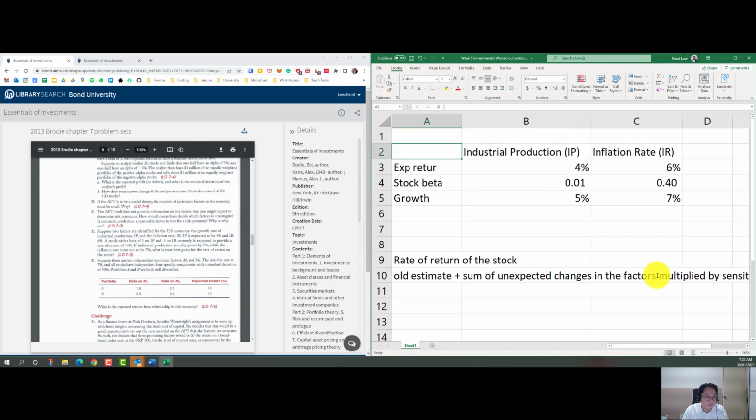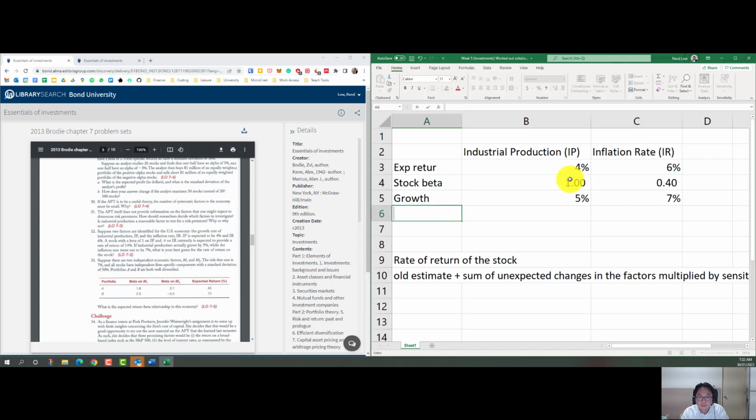Let's read it again. Two factors identified for the US economy: growth rate of industrial production and the inflation rate. IP is expected to be 4%, and IR is 6%. A stock with beta of 1, and 0.4 on IR, is expected to provide a rate of return of 14%.